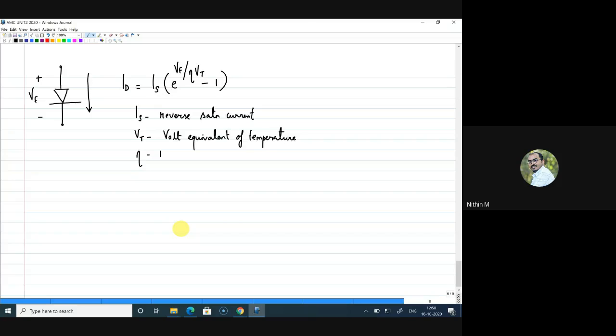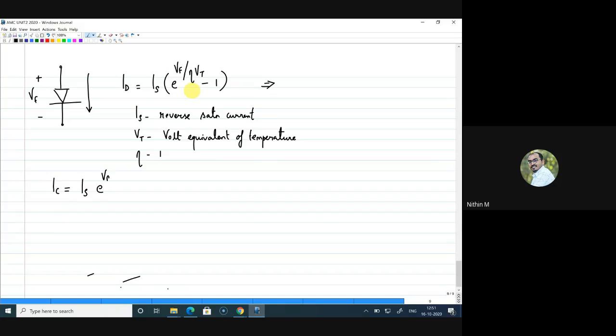Now I'll straightforwardly write the current in the collector, because whatever electrons are flowing from the forward bias PN junction are reaching the collector. That collector current can be written as the flow of electrons from the emitter, Is into e to the power of Vf by eta Vt minus Is.